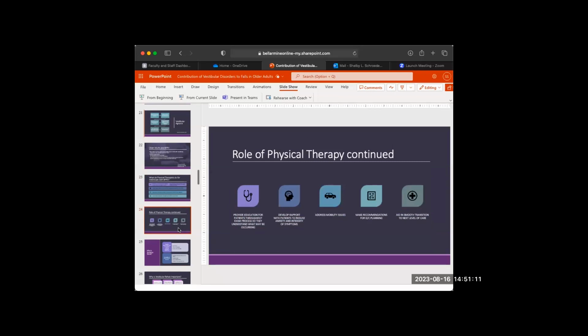What else do we do? We provide education throughout the exam process so they understand what's going on, and develop a rapport to reduce anxiety and intensity of symptoms. A lot of times I'm meeting someone for the first time when they're really dizzy. They have an emesis bag in their hand and I'm saying, let me hold your head. I'm going to make you really dizzy. Okay, do you trust me?